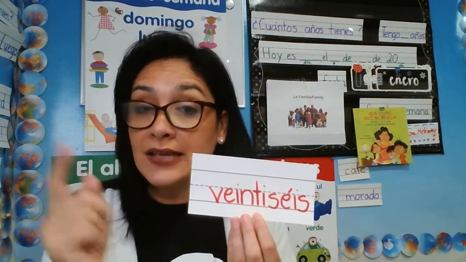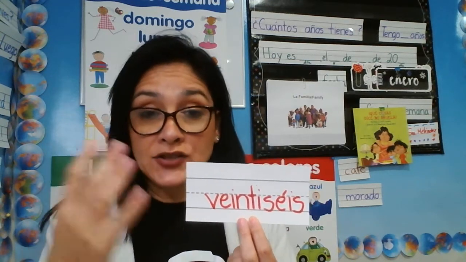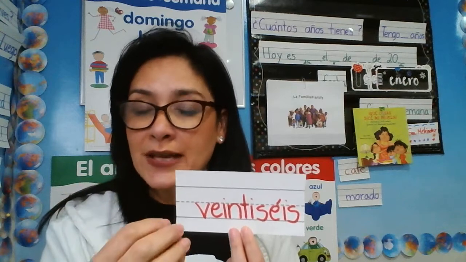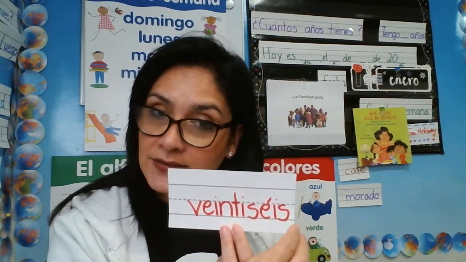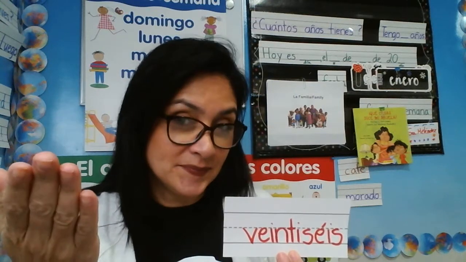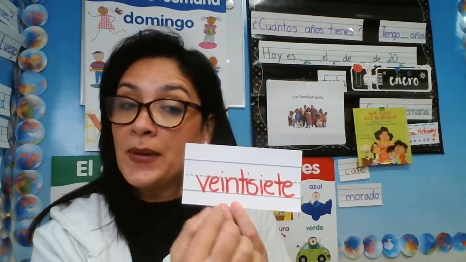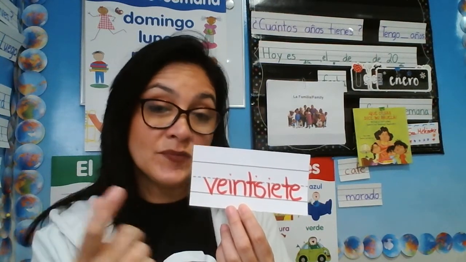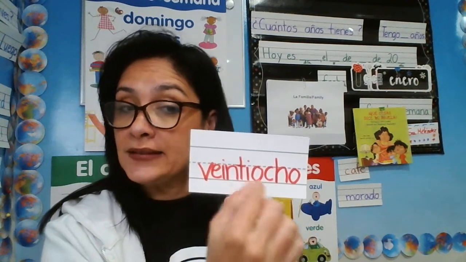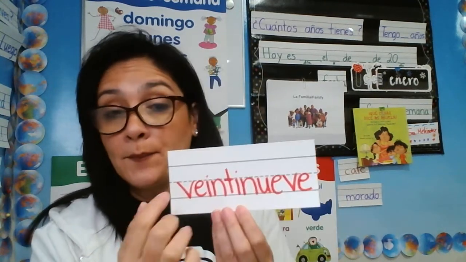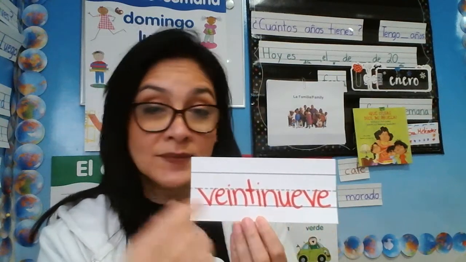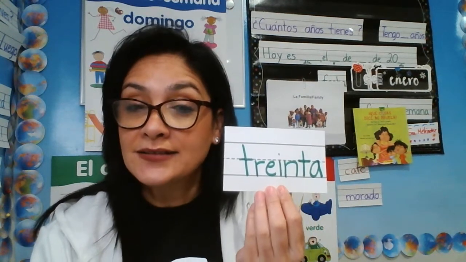Sometimes you will see a little accent over a vowel, and it just tells us we want to emphasize that part of the word. 26. 27, 27. For 28, 28. 29, 29. And for 30, 30.